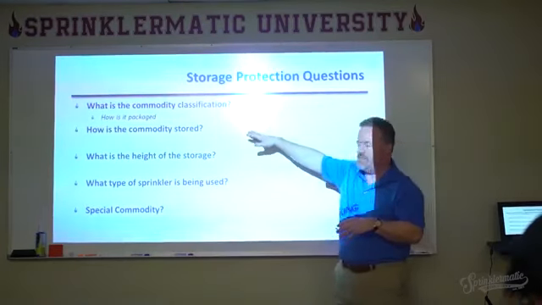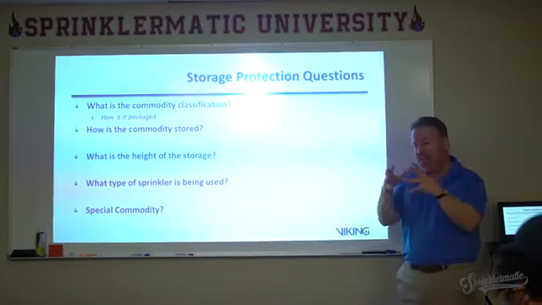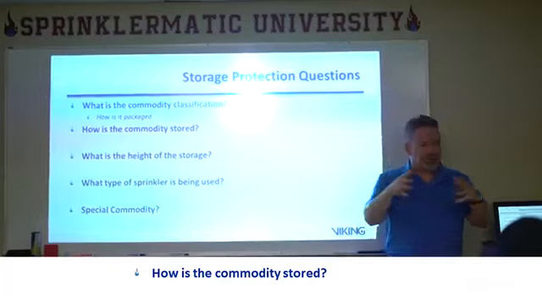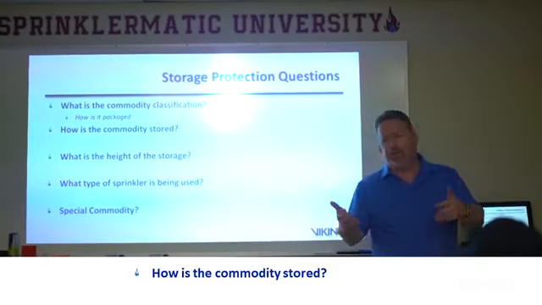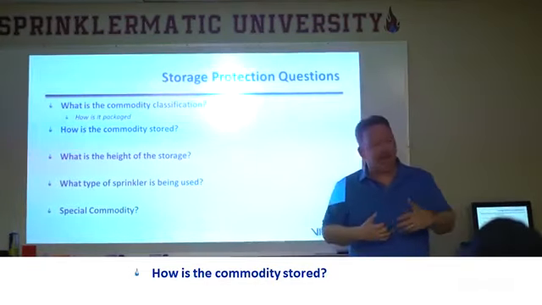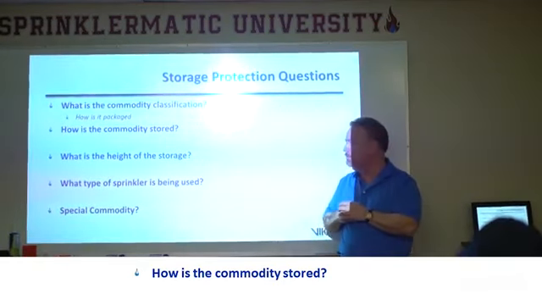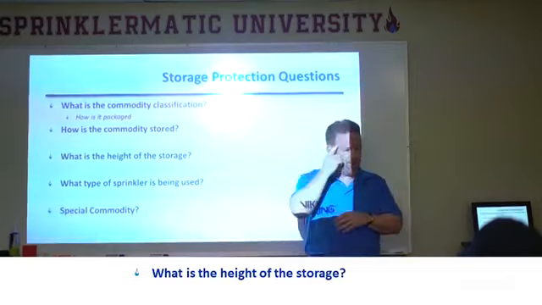So we need to ask a sub-question of how is it packaged, because that has an impact on the overall classification. Then how is the commodity being stored? Is it being stored in a pile? Is it being stored on racks? That has an impact on the design itself as well. How high is the storage?